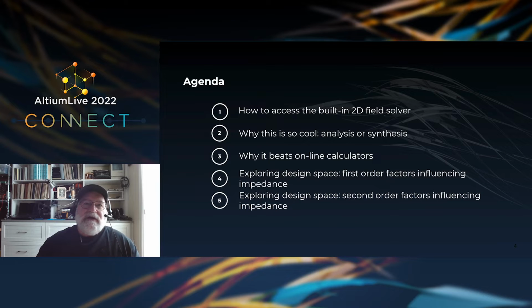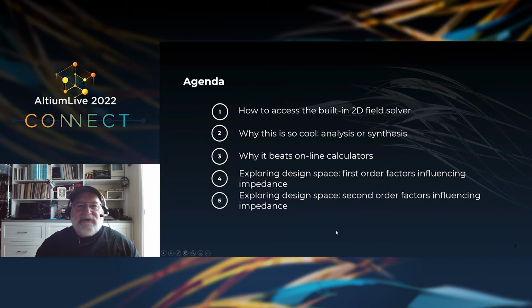Sometimes knowing that a feature is not important and does not affect the characteristic impedance very much is just as important as knowing that it does and how it does. That tells us we can maybe ignore this feature. And that's the kind of information we can get from the 2D field solver.